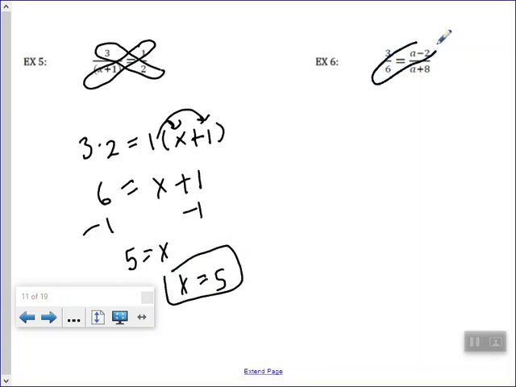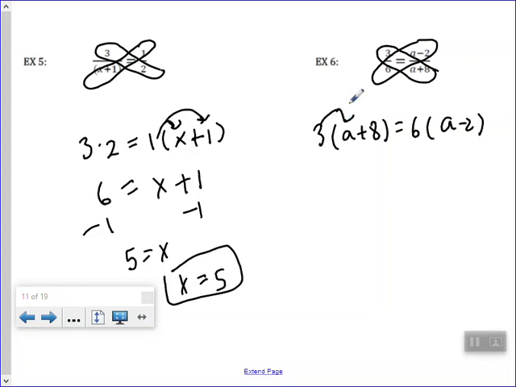Here you're going to do the cross multiplication. So 3 times (a plus 8) equals 6 times (a minus 2). Then you have to distribute on both sides. 3 times a is 3a plus 3 times 8 is 24. 6 times a is 6a, and 6 times negative 2 is minus 12.